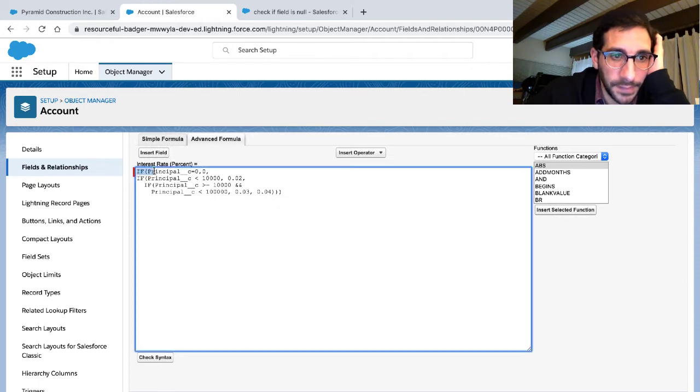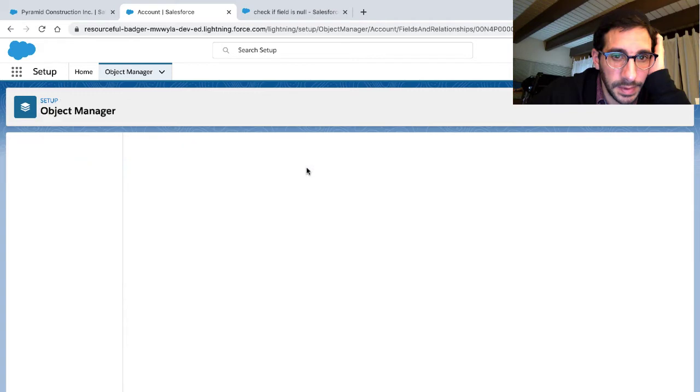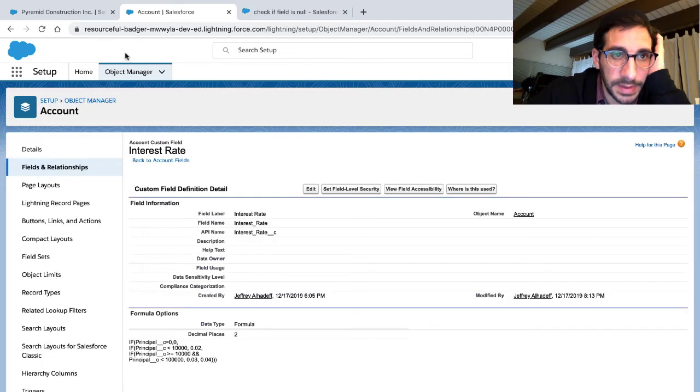I did if principal is 0, then just do 0. And then, if it's not, check to see if it's less than 10,000, and then do 0.2. So then the rest of the formula. That's what I did. That seems to resolve the issue.